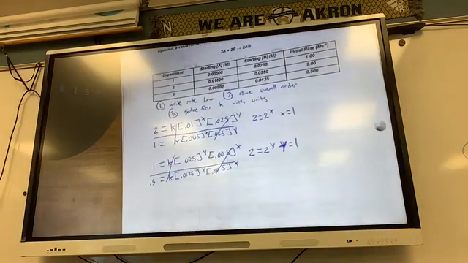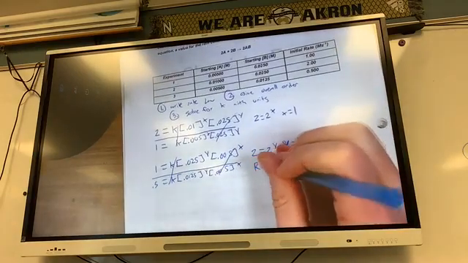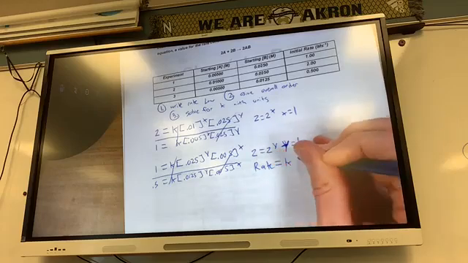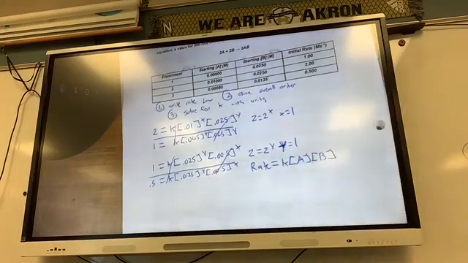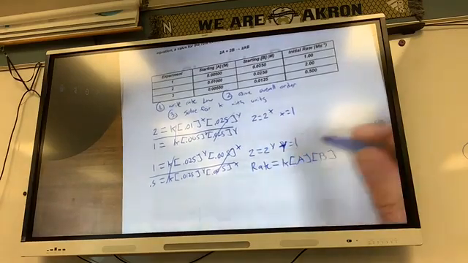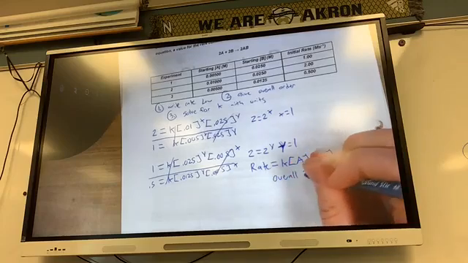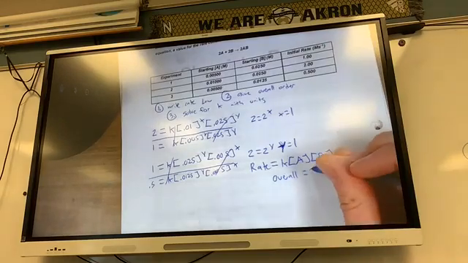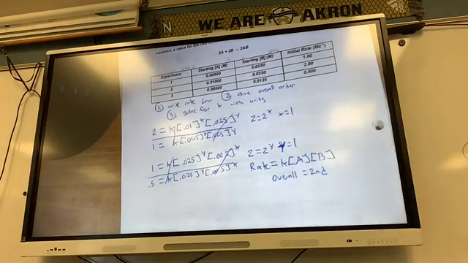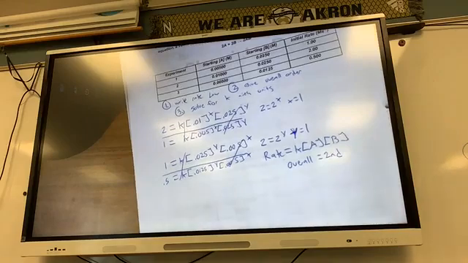Did you guys get first order for both? Yeah. Good. So my rate equation would be rate equals k times the concentration of A times the concentration of B, right? And what is my overall order? What's 1 plus 1? Second order, yes. Did you solve for k yet? Solve for k. Pick any experiment, any row, and sub it in.